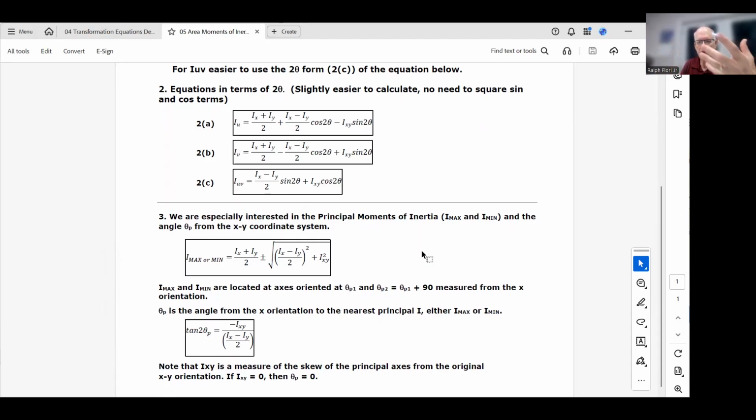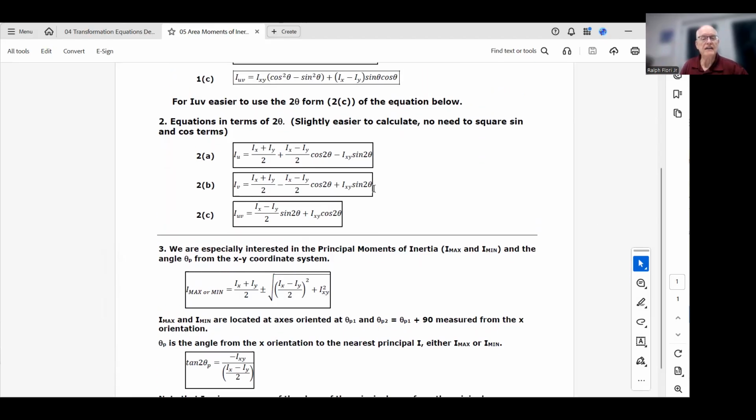I know I threw a lot at you here, but this derivation shows us where Ixy comes from, because Ixy just showed up in the derivation, and we need Ixy coupled with Ix and Iy to calculate these I's at the various orientations, and ultimately to get our Imax and our Imin, which are kind of important.